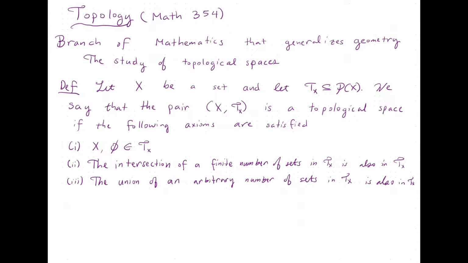We say that (X, T sub X), so this pair, is a topological space if the following axioms are satisfied.